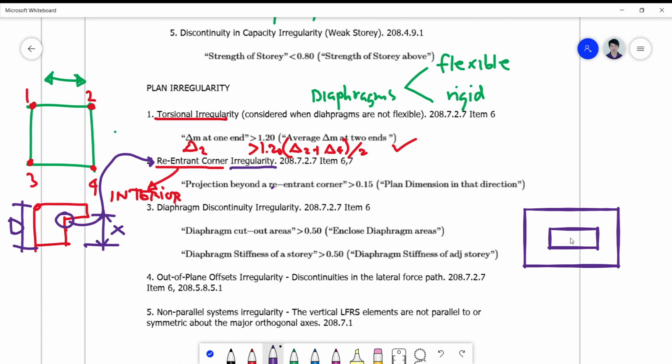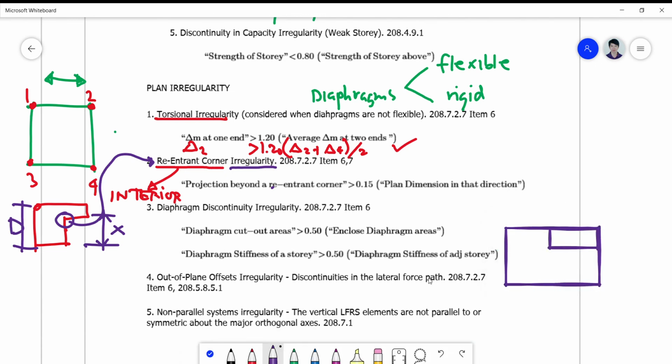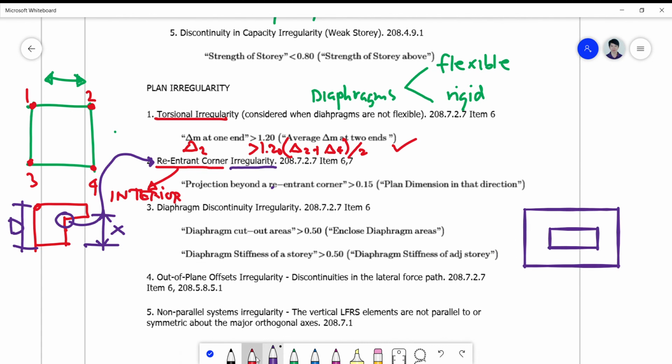Okay, so this cutout area must actually not be greater than 50% of the enclosed diaphragm areas. What is the enclosed diaphragm area? The enclosed diaphragm area must be this total area, considering or not considering the cutout. Okay, so my total area is this one.